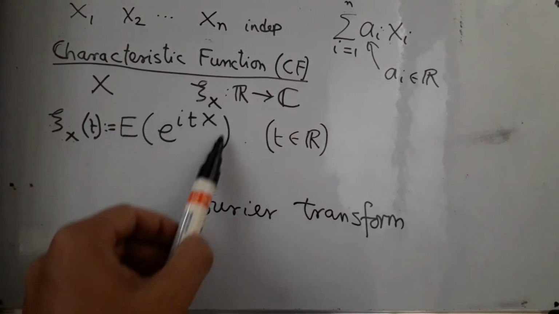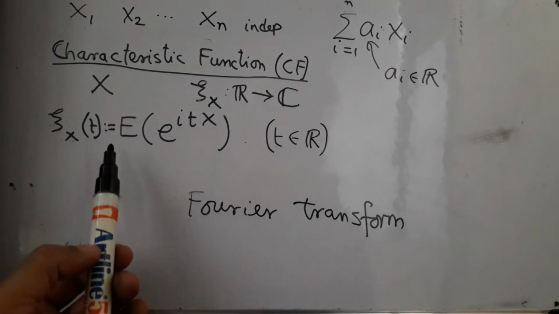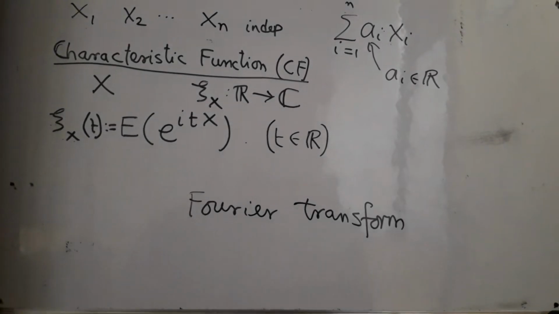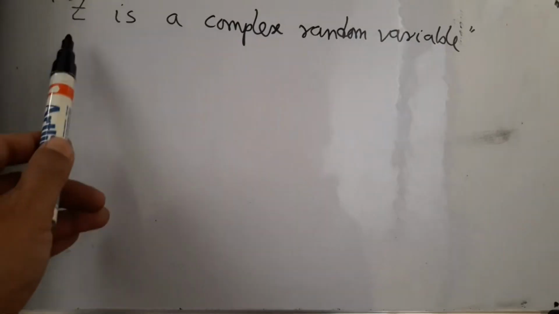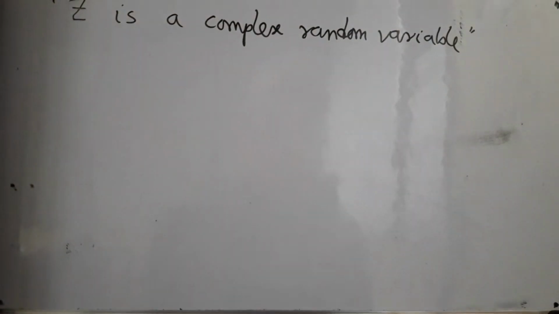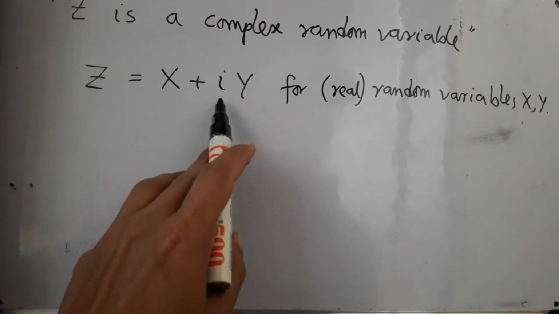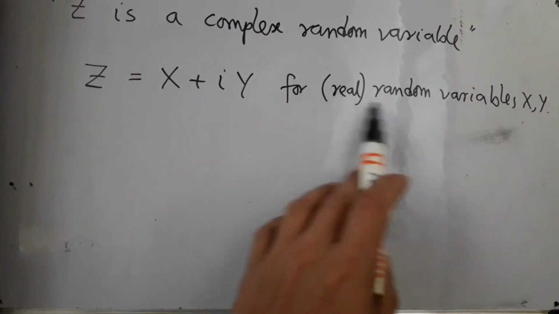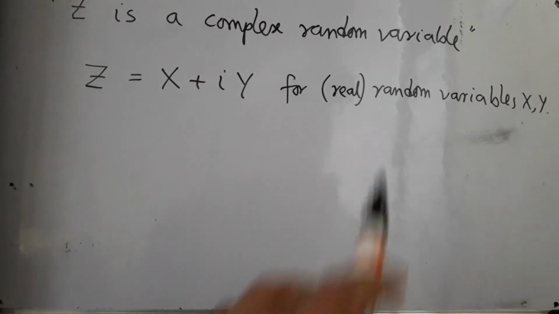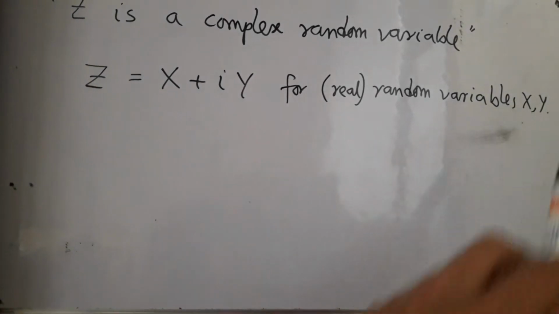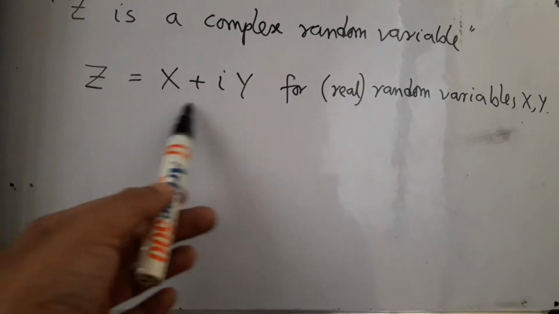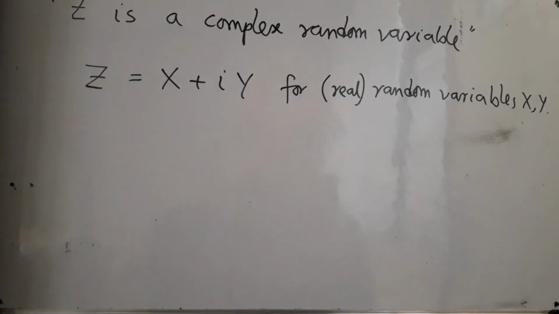What is meant by a complex random variable, how you take expectation, and how you do math with them. When someone says that z is a complex random variable, they mean that z can be written as x plus iy, i is the complex i, for real random variables, that is the random variables we have been working with so far, x, y, just like complex numbers, the real part and the imaginary part.